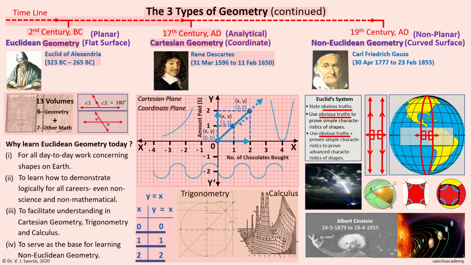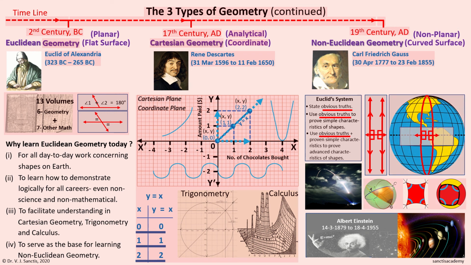Thereafter, we saw that the third type of geometry evolved in the 19th century AD when Carl Friedrich Gauss and others began questioning Euclid's system of geometry and found that his obvious truths were obvious truths only on flat surfaces. They were not obvious truths on curved surfaces.